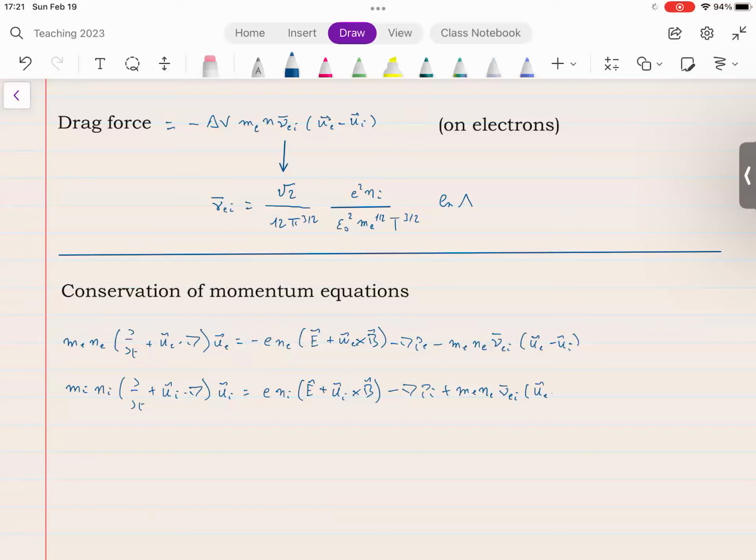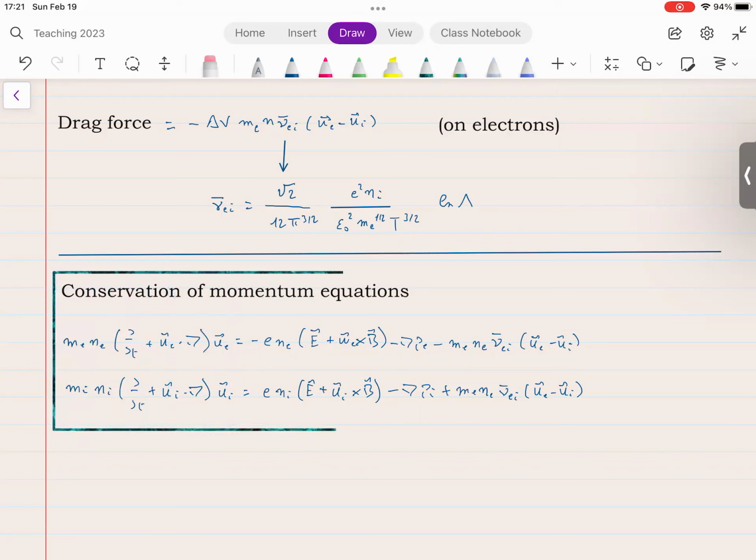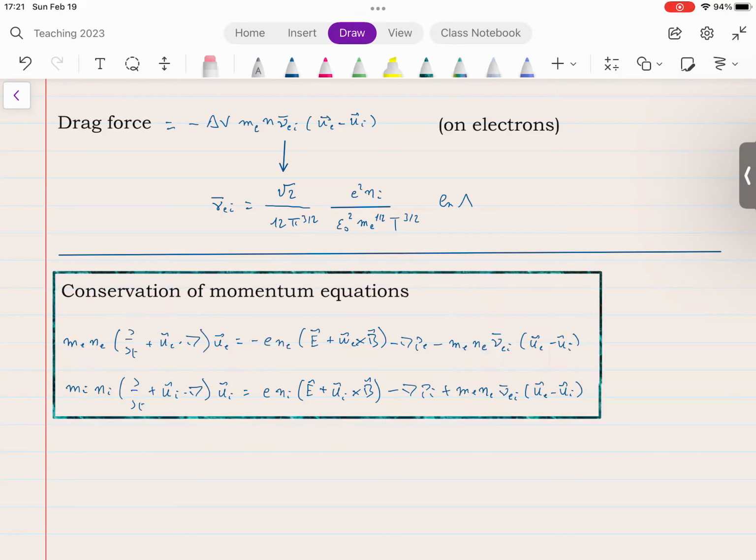So this term, what is important is that they're equal and opposite. That is our system of equations in all its glory. Of course, this gets combined with the continuity equation.